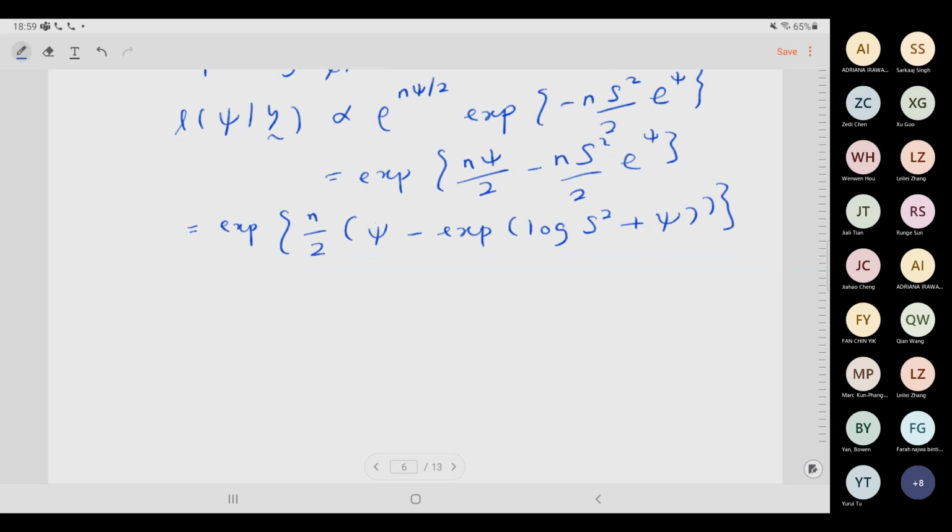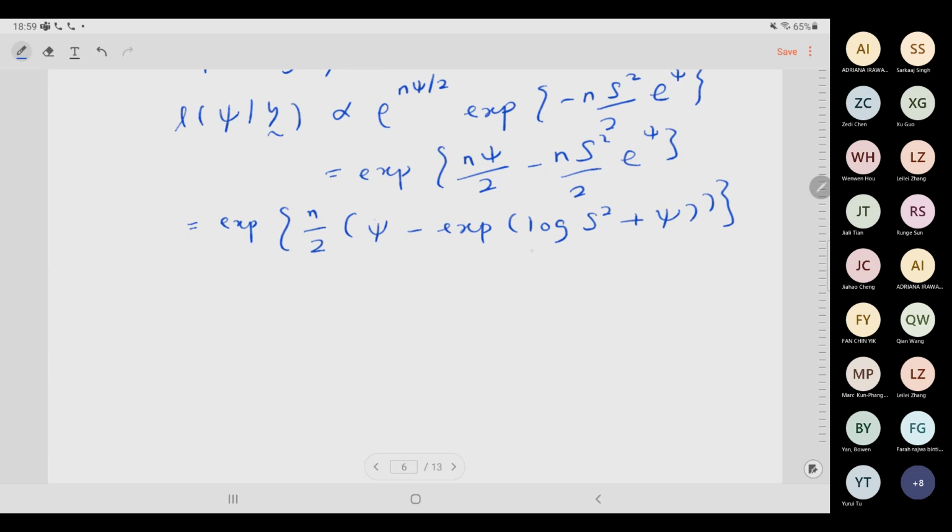Now this is your sufficient statistic. So if we define our t as minus log s square, we want to define this.